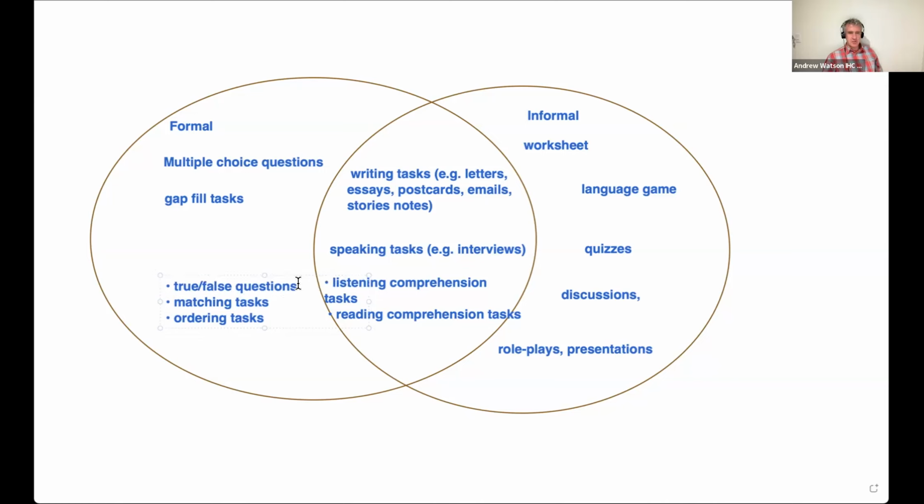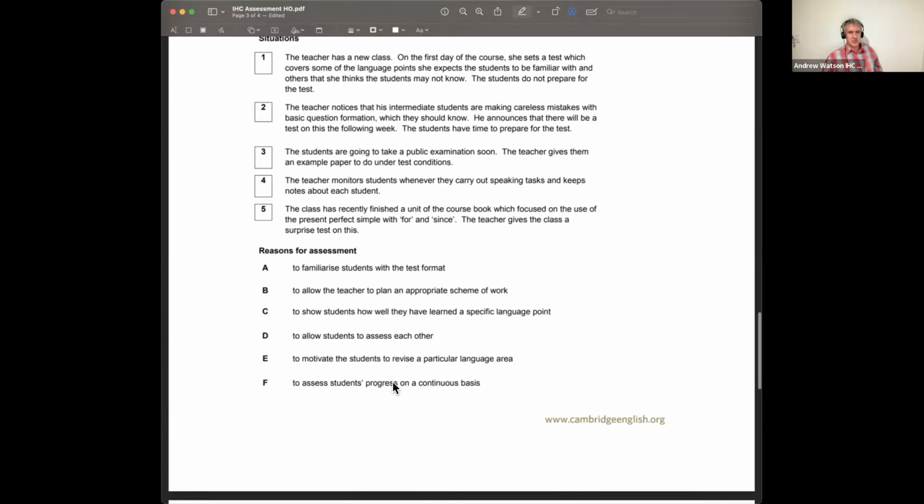Okay, so then you've got to match the numbers with the letters for the purpose of the assessment. So I'm going to give you about 4 minutes for this. When you're done, post your answers into the chat.